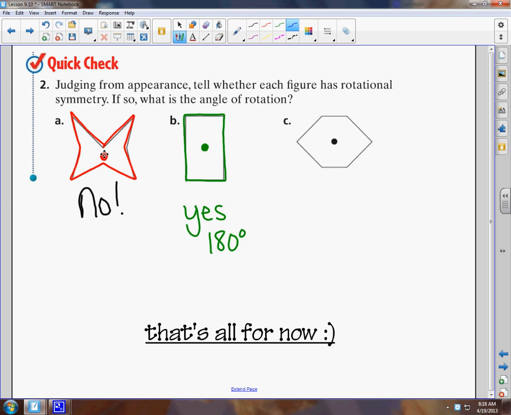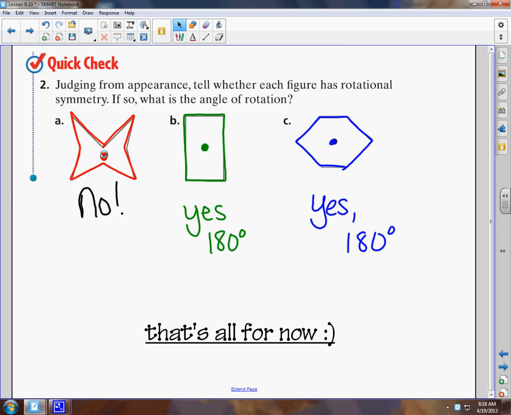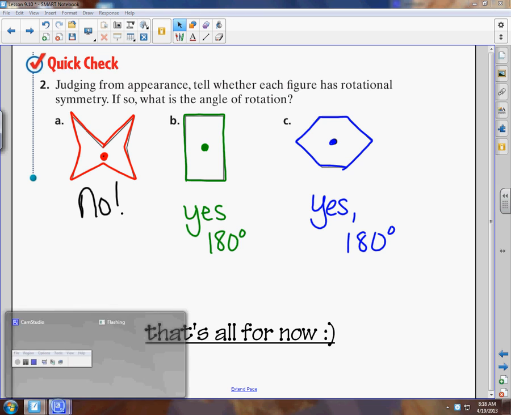And then lastly is this one. And then I rotate it. Well, that doesn't fit. So if I keep going, does it fit again? And yes, it does if I move it there. So yes, this has 180 degree rotational symmetry again. So that is it for your notes.